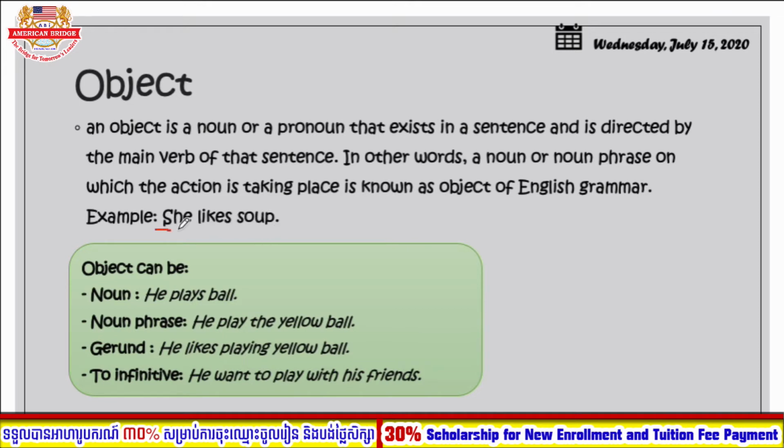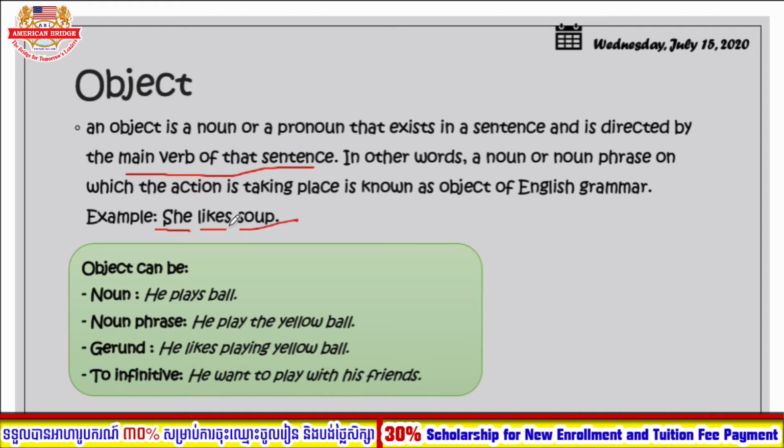She is the subject, right? Likes is the main verb. And what is after the main verb here? Soup is the object. Why? Because it's directed by the main verb of that sentence. She likes, so she likes what? We don't know. So what she likes is the object of the sentence.